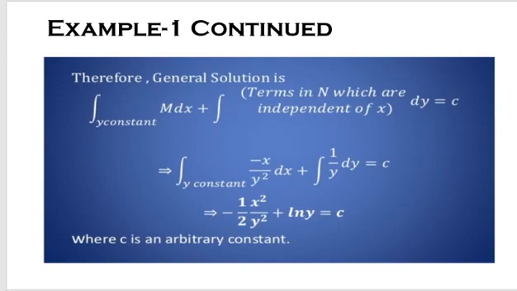This solution is nothing but the general solution of the given non-exact differential equation. Therefore, the solution of the exact differential equation obtained is also the solution of the given non-exact differential equation. This is the way we solve a non-exact differential equation which is in the homogeneous form.